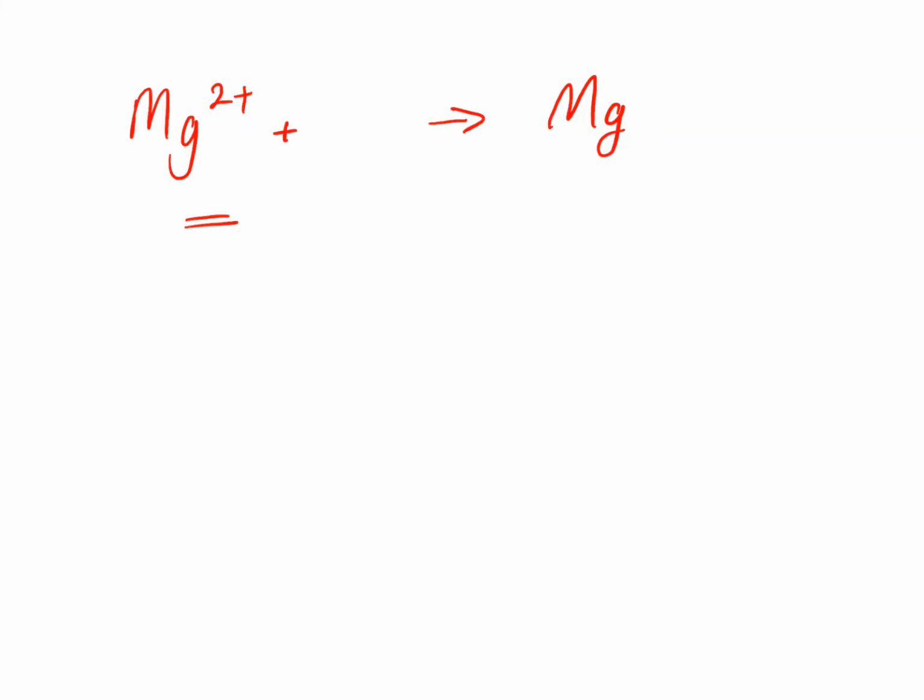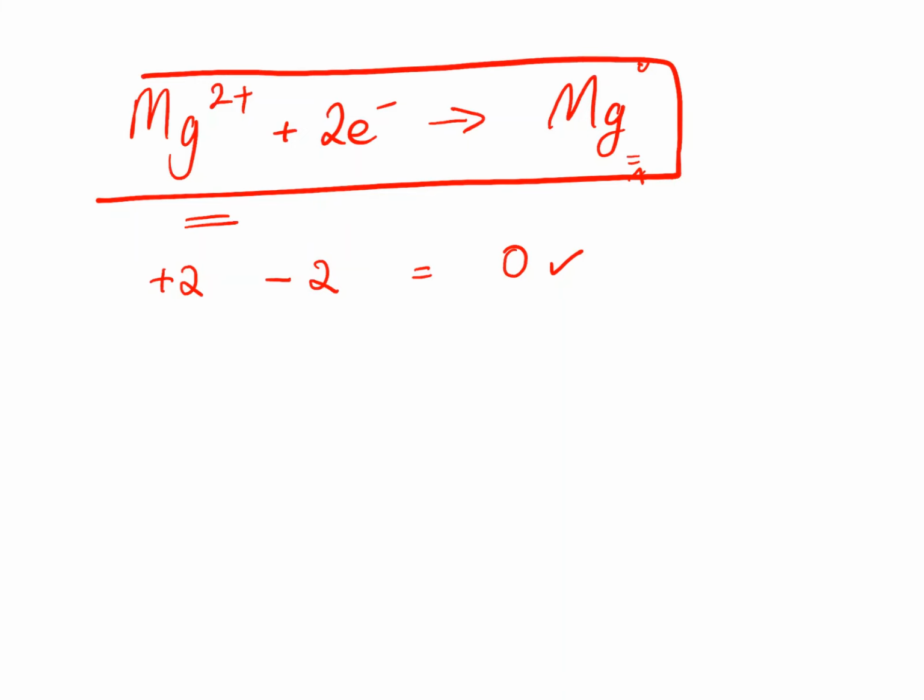So electrons go on the left hand side here. 2 electrons get added to the magnesium to turn this into magnesium atom. And again, if we just check the maths, we have a +2, -2 for the electrons, and a 0 charge for the magnesium, because there's no charge on that. And +2 -2 equals 0 mathematically is right, which shows us that our half equation is correct.